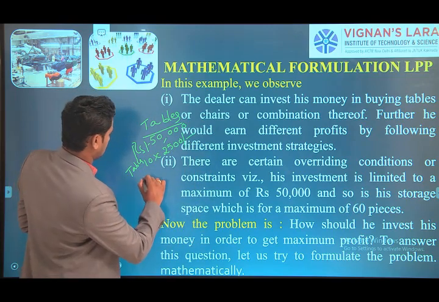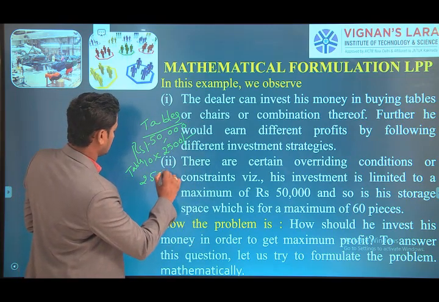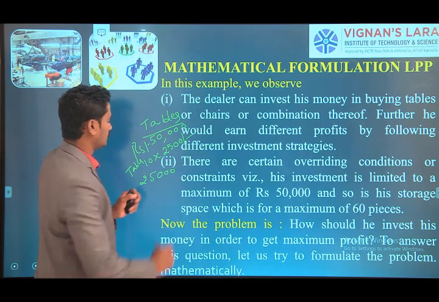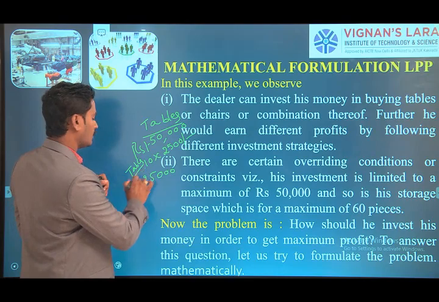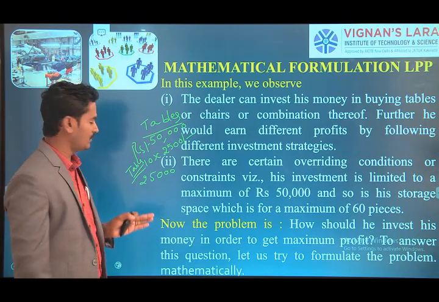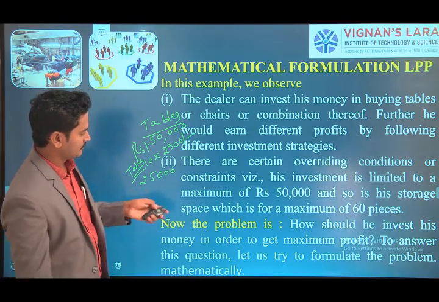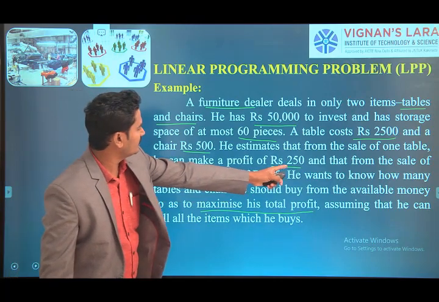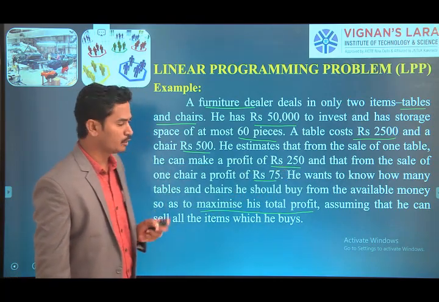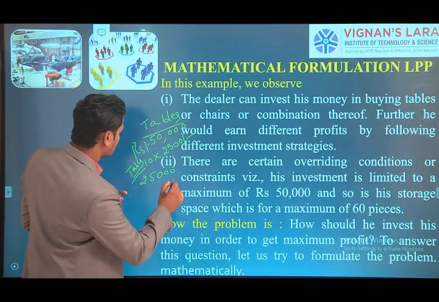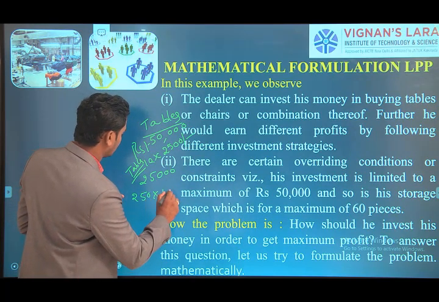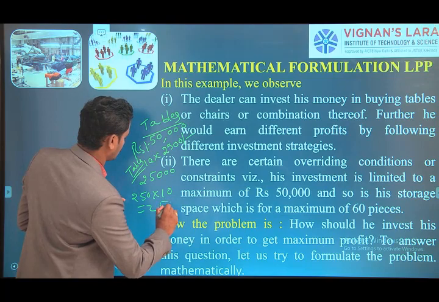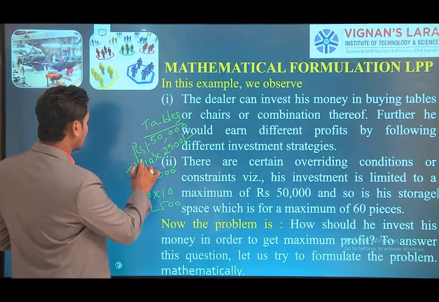Total cost is 25,000. He purchased 10 tables. What is the profit of each table? Profit of each table is 250 rupees, so 250 into 10, from these 10 tables, is 2,500 rupees.